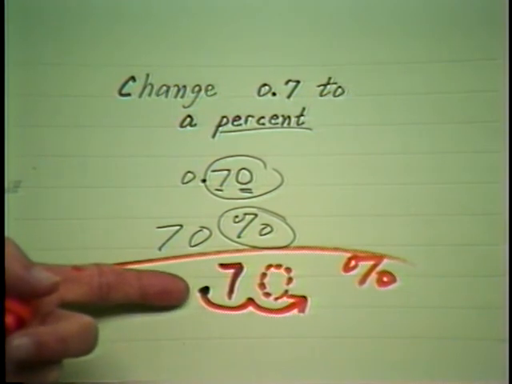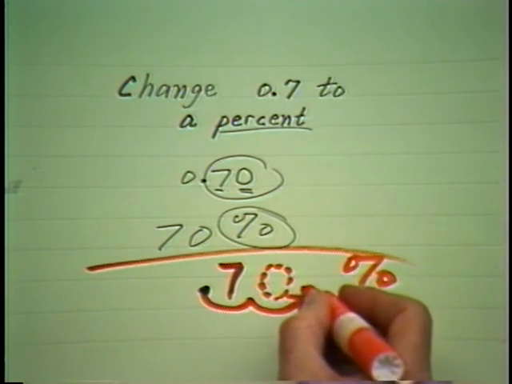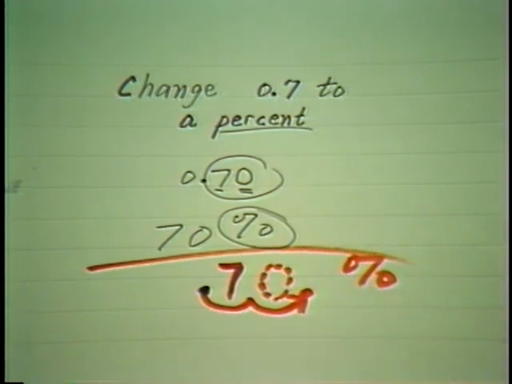So that simple rule might be a more convenient way of looking at it. To change to a percent, I move the decimal point 2 places to the right, or if you will, 2 places to the percent sign. And that's my percent. And of course, stick the percent sign on.